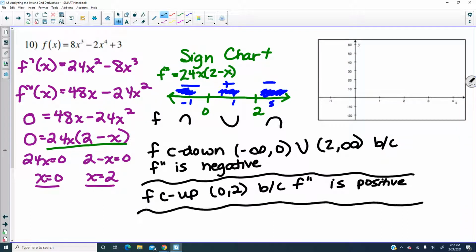And this time there's a change in sign. See, a change from negative to positive, and then another change from positive to negative. So that tells me that f has 2 inflection points.